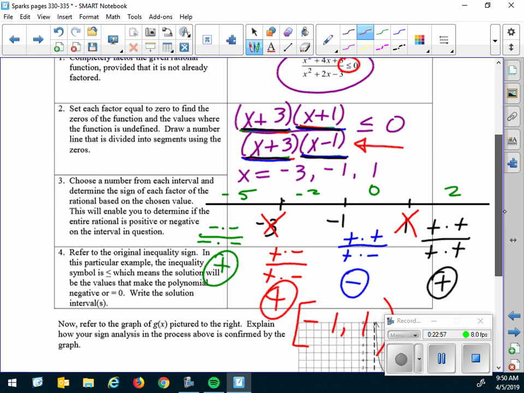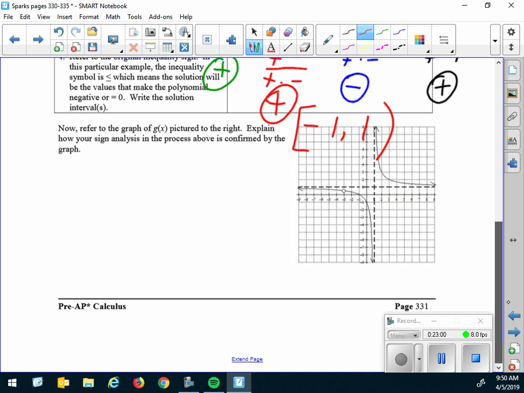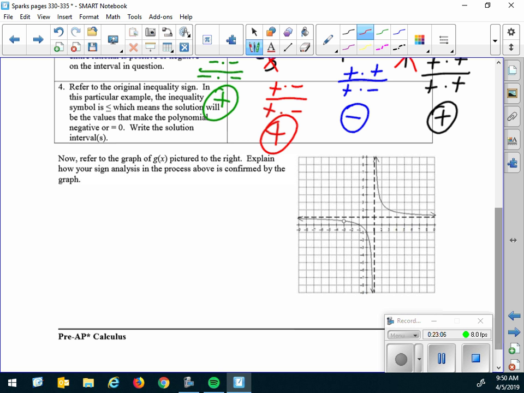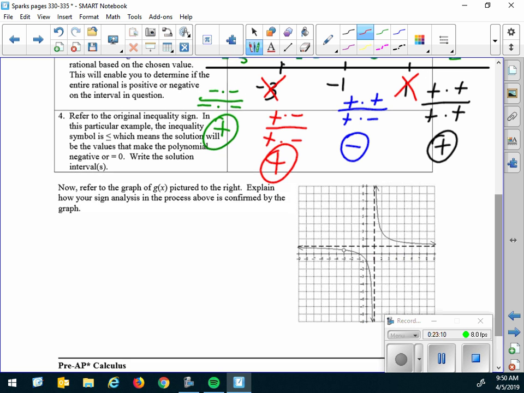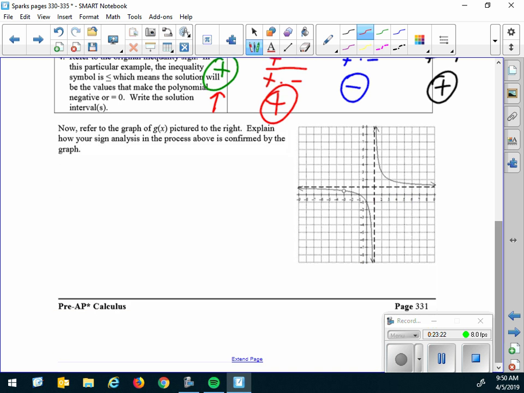Okay. Now the last thing we're going to do is compare this sign chart that we did with the graph. From -infinity to -3, you said the graph has to be positive, meaning above the x-axis. Is this graph above the x-axis? Yep.